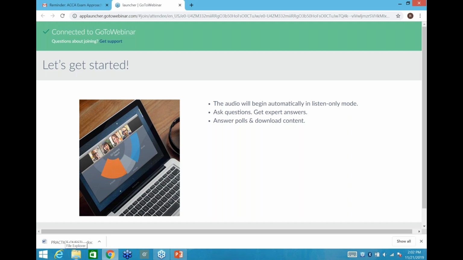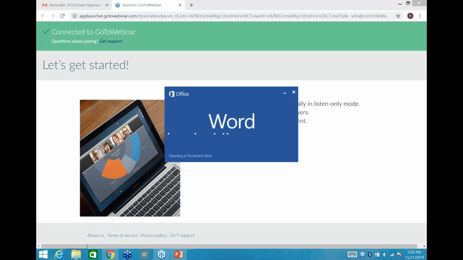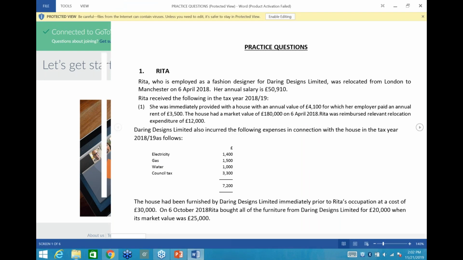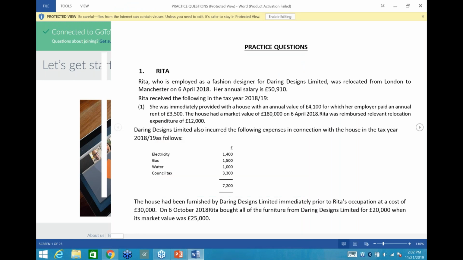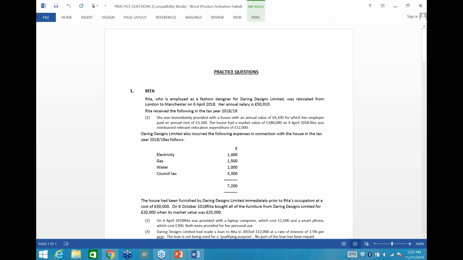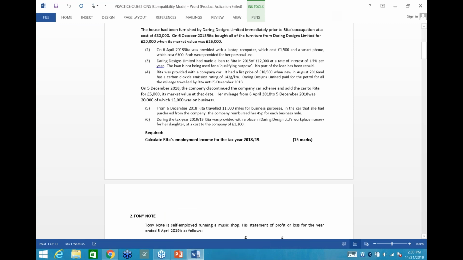So if you look at practice question number 1, we are required to calculate Rita's employment income for the tax year 2018-19.